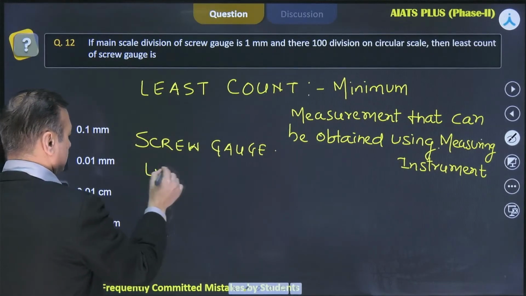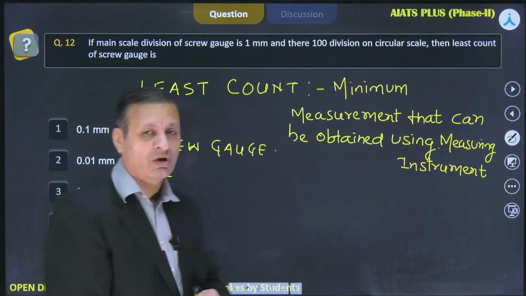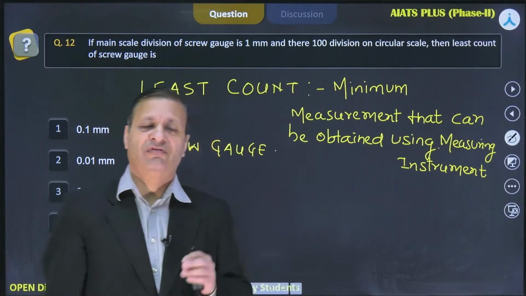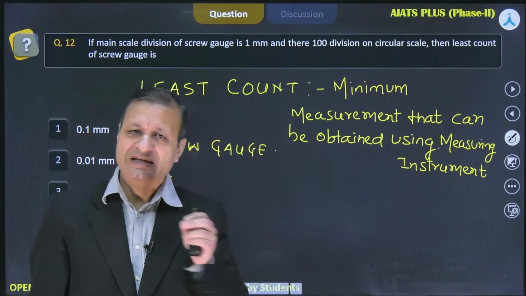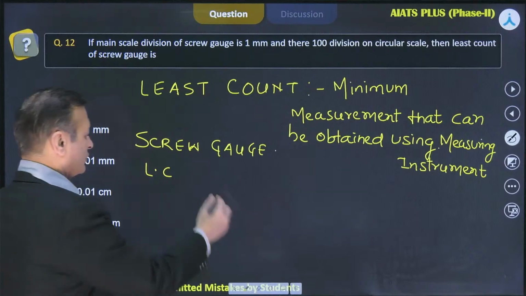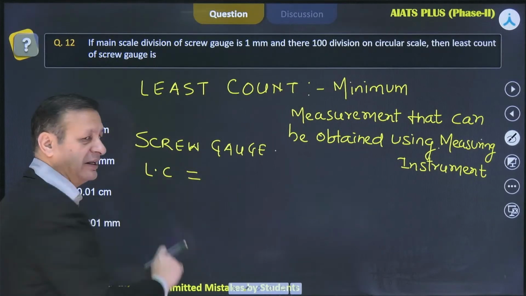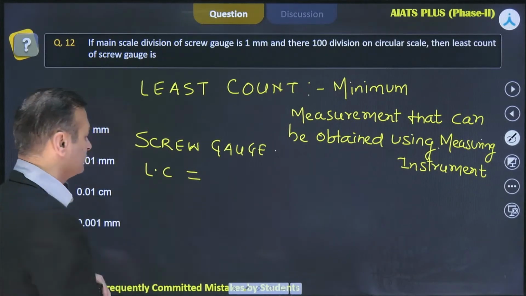Please understand the formula for the least count of your screw gauge. I am writing the least count as LC.